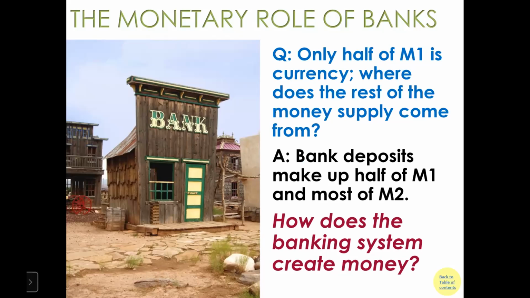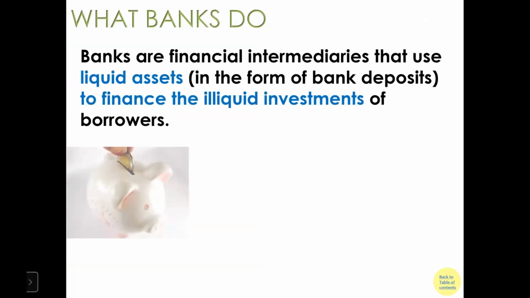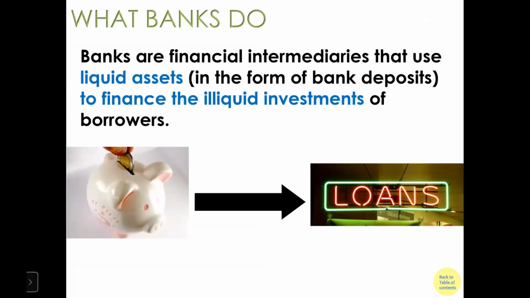Now let's look at this example to understand how the banking system generates money, and why there is some risk in the financial system and why the central bank wants to regulate this market.